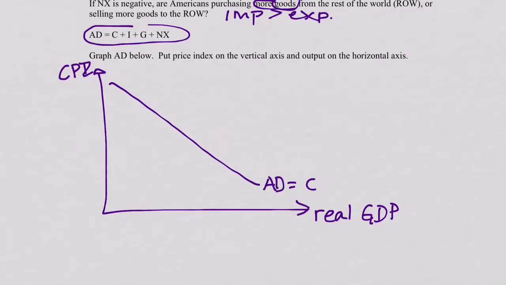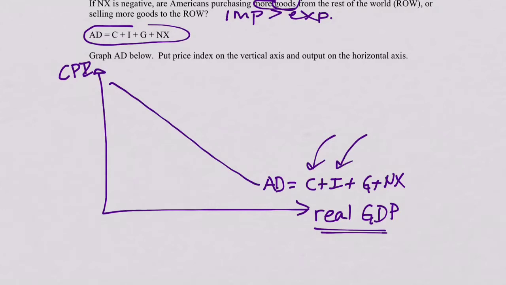Aggregate demand is C plus I plus G plus NX. So aggregate demand represents real gross domestic product because consumer spending is our purchase of final goods and services in the market that increases GDP, and investment spending, we're going to add that into that amount, and government spending, we're going to add that into that amount, and then, of course, the net exports.